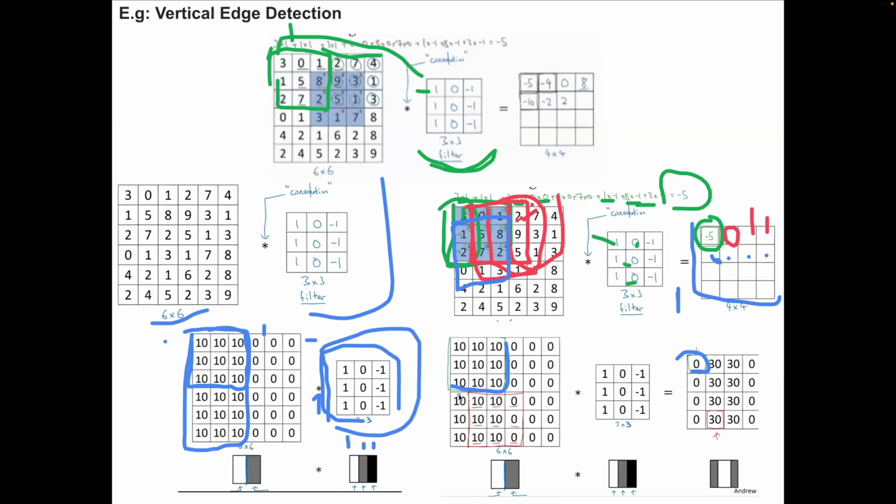So once we apply all this, this right here is our small image. We apply this with this, then the output would be something like this, which would be 0, 30, 30. And this is a higher pixel value, a more white pixel in the middle. And then zeros, zeros.